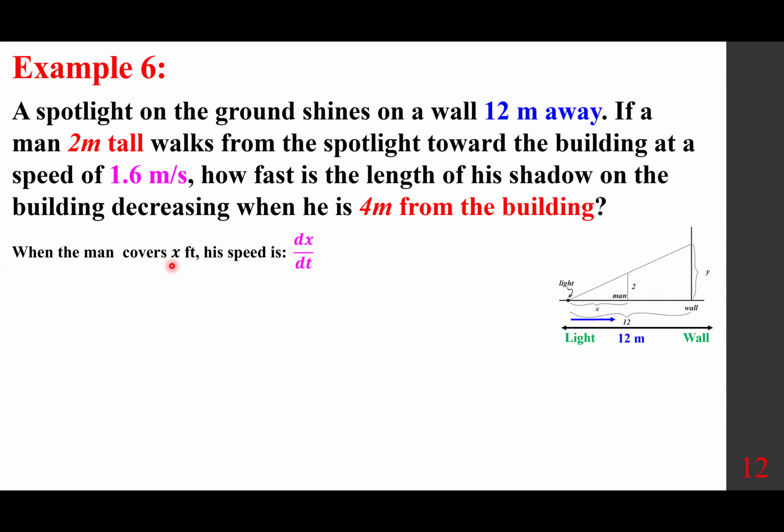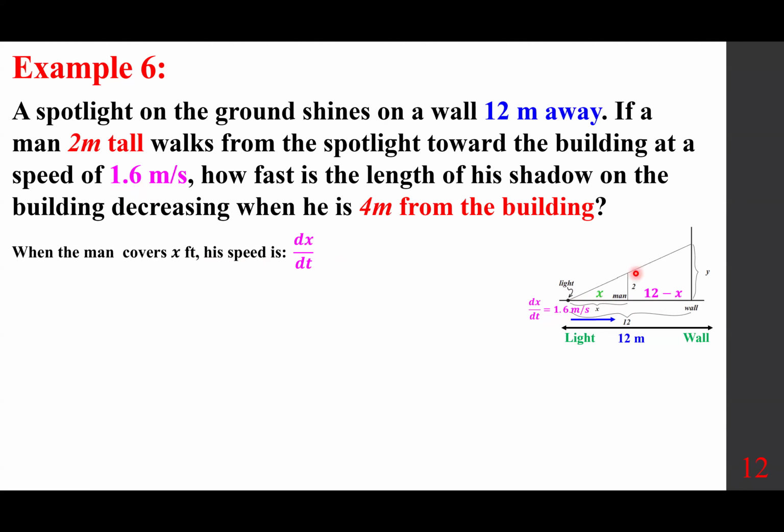So when the man covers x meters, his speed is dx/dt, which is 1.6 meters per second. And by the way, if this is x and the total is 12, this must be 12 minus x. And dx/dt is 1.6 meters per second.